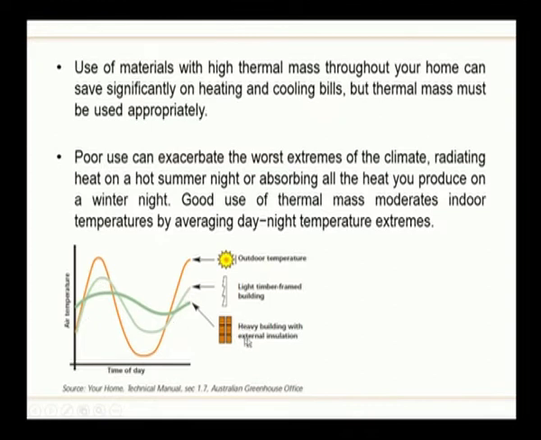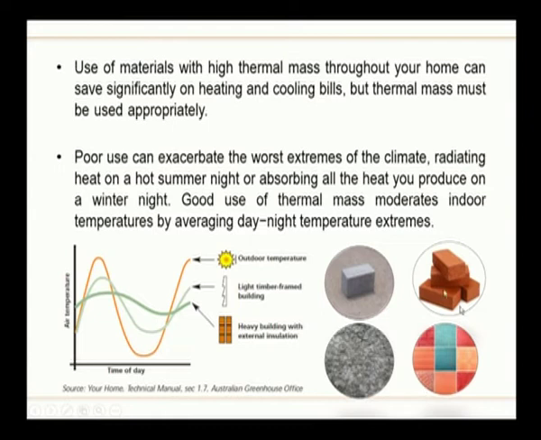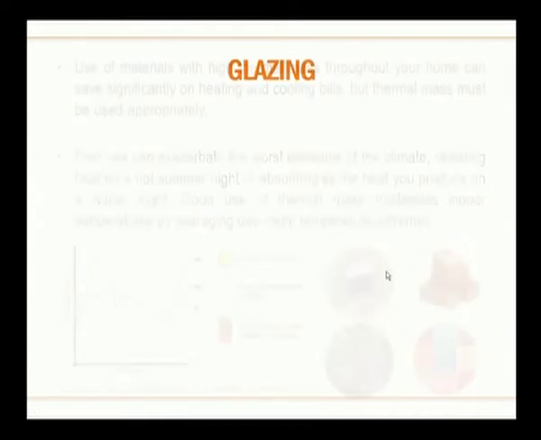But when you are using a heavy building with external insulation, which will be good thermal mass, the temperature follows this line. As we can observe, the peak temperature is reduced, and even the colder temperatures are maintained, because the heat that is trapped during the day gets emitted during the night. And these are different examples of thermal mass.